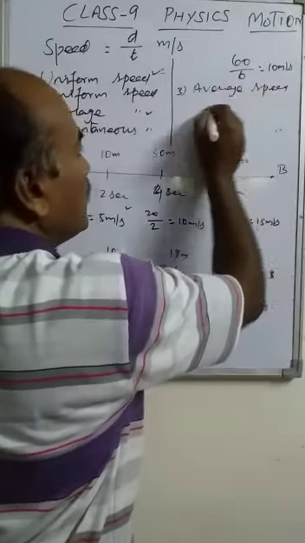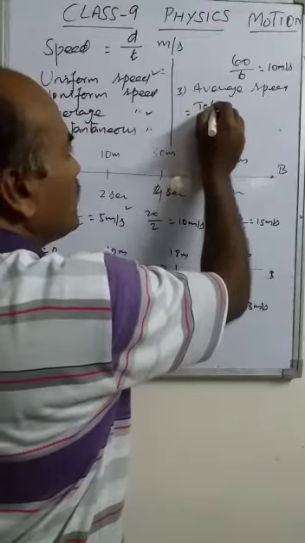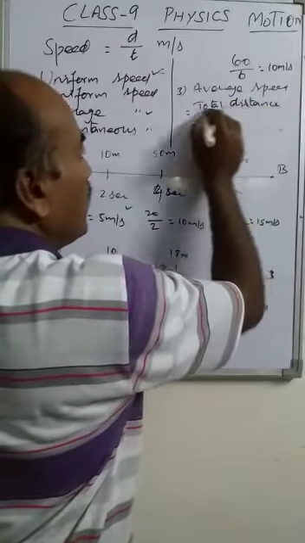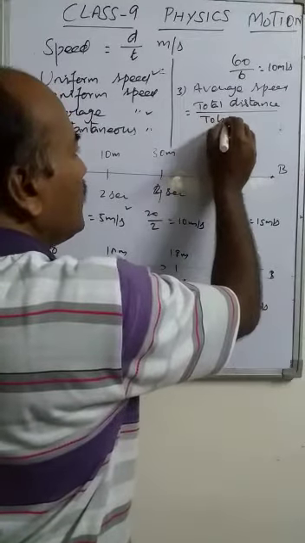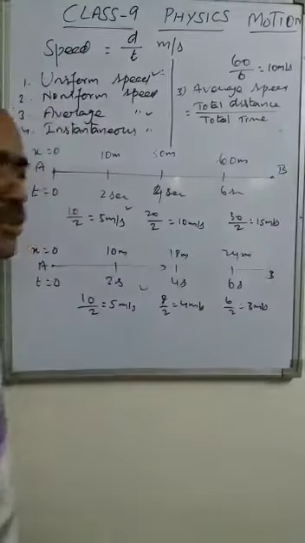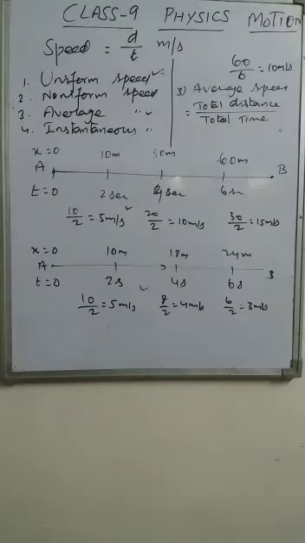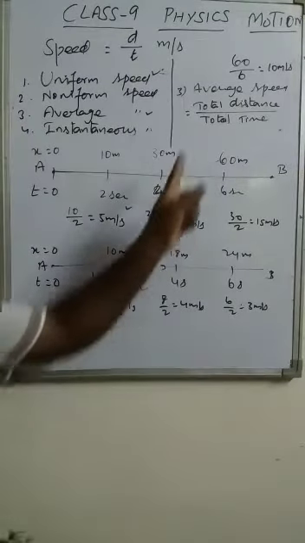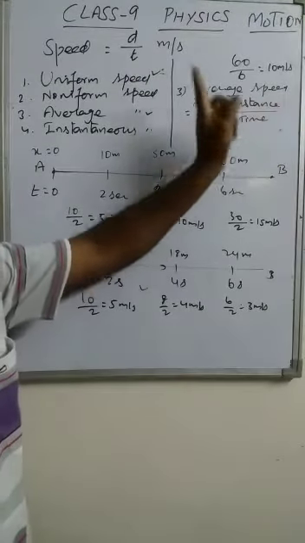It is total distance traveled upon total time taken. This is the average speed. So whenever we want to calculate the average speed, you are supposed to find out the total distance traveled and the total time.